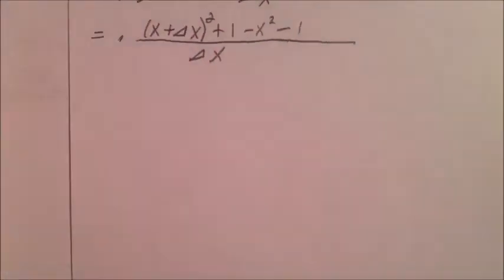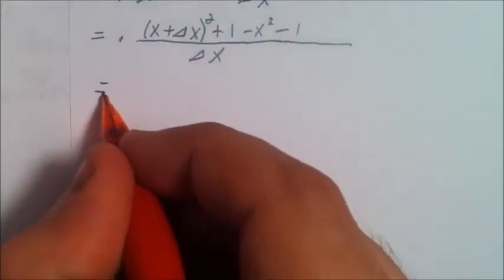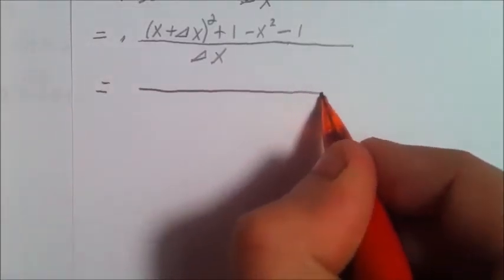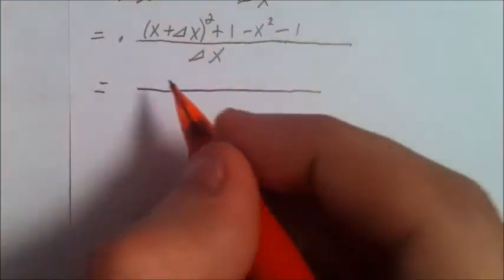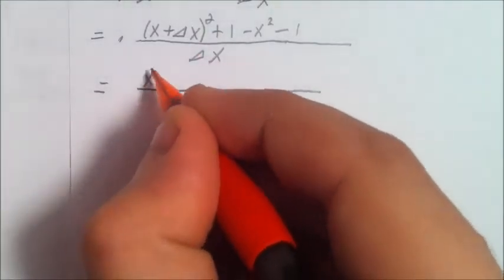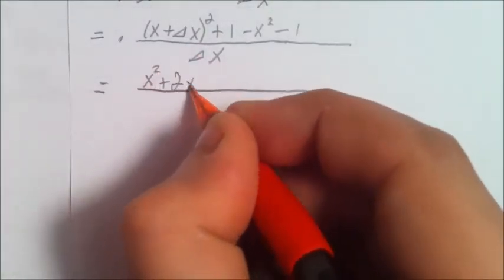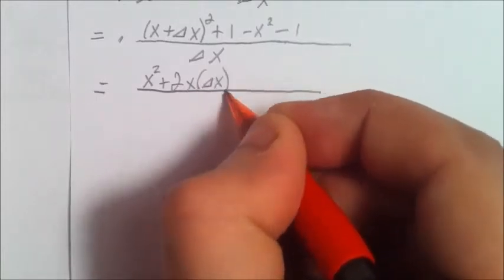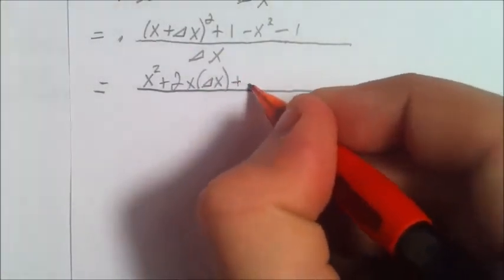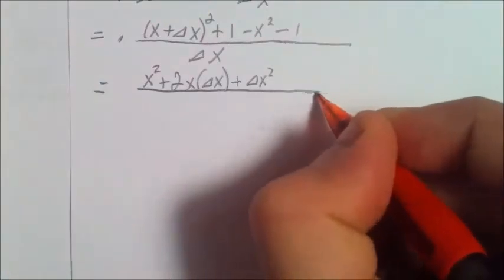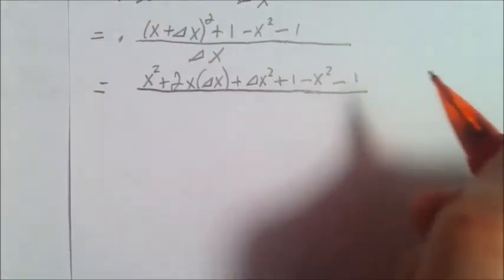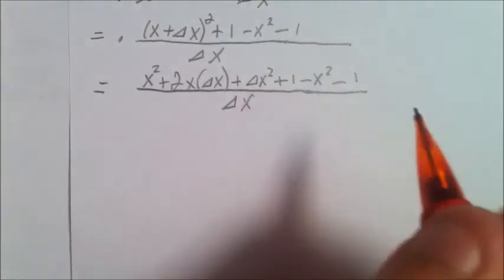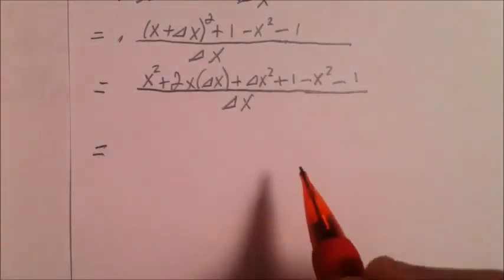Now with everything all written out, I can continue simplifying it. What you want to do here is just FOIL it out, but for the sake of time I'll just tell you that that is x squared plus 2x times delta x plus delta x squared, don't forget the 1, minus x squared minus 1, all divided by delta x.